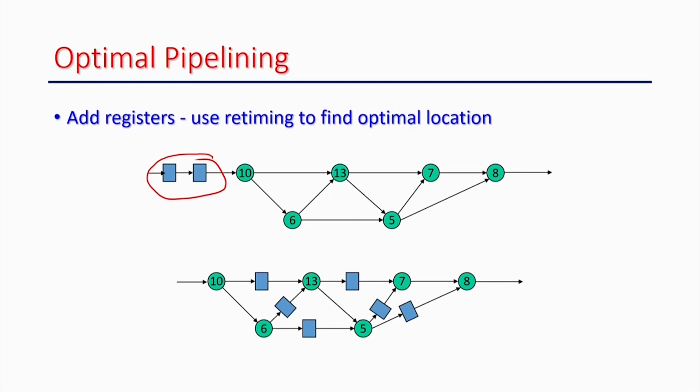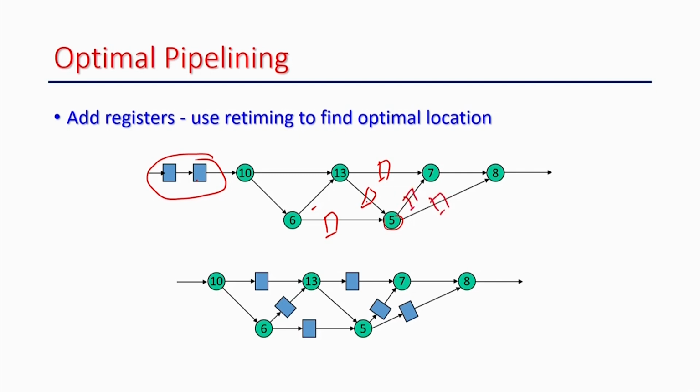So, I can take this register and place it here and here, and then since both the inputs of this node have registers, I can remove these registers and place them at the output. So, this I can do.